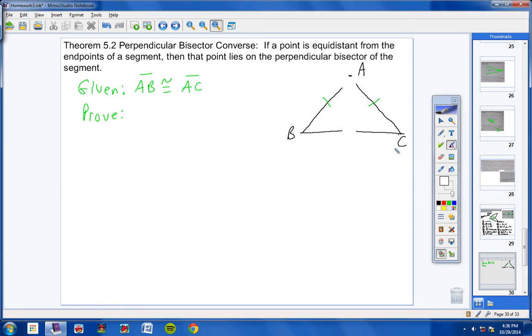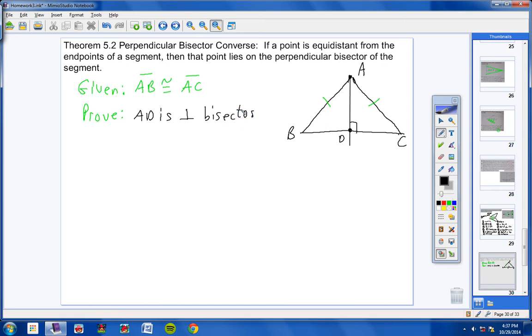Students, I can take this line here, I can move it like this, here or here. So is it not possible to draw this line so that it's perpendicular? Sure it is. So I'm going to draw a line here so that it's perpendicular, and I'm going to call that D. Okay, so I'm going to try to prove that AD is a what? Perpendicular bisector. Okay?